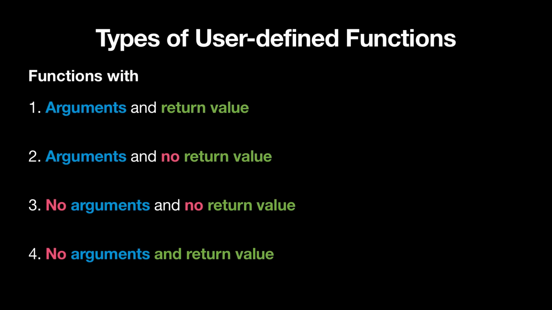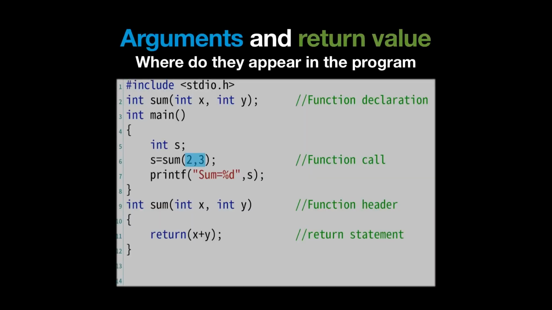Before going into examples of these types, I want you to look at which lines in the program are related to arguments and which lines are related to return value. First, let us see which lines contain arguments. First, in the function call, you have the actual arguments 2 and 3.